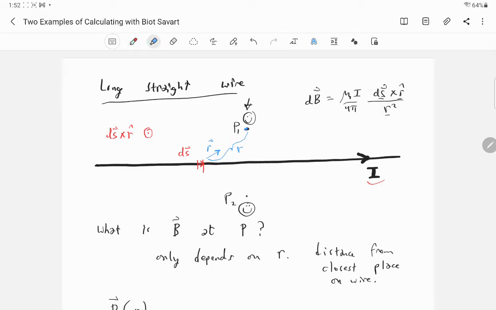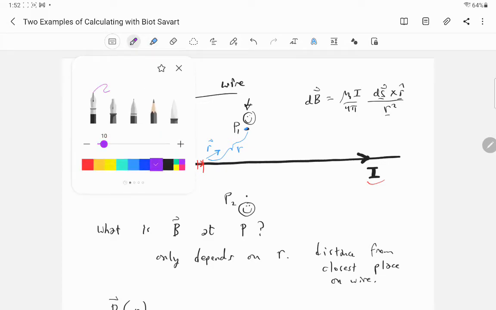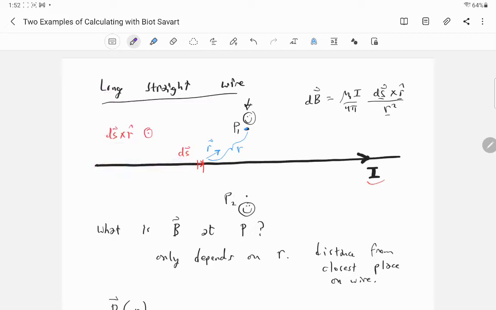But let's switch it up and talk about the other side. Do it in purple. So the other side's down here. r hat points this way instead, right? And r is actually the same distance away, but it's a different direction away.